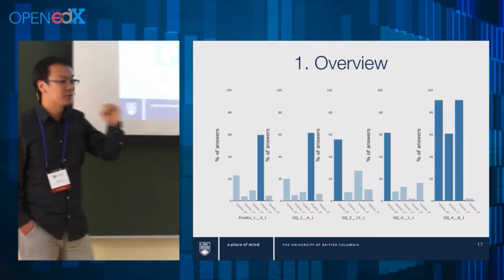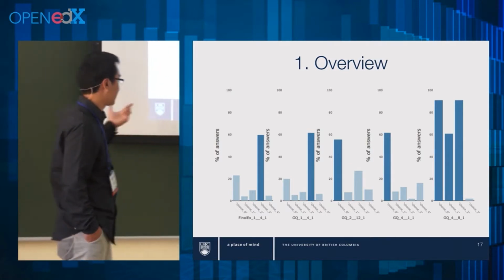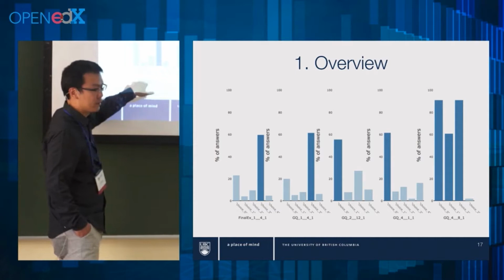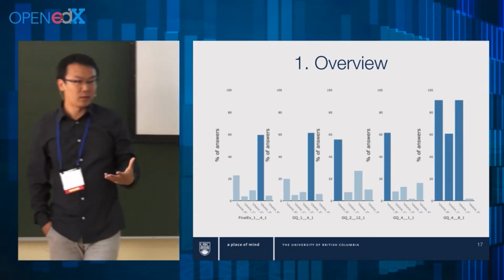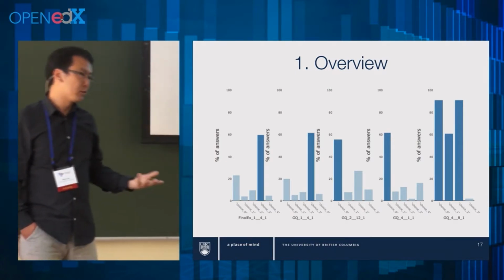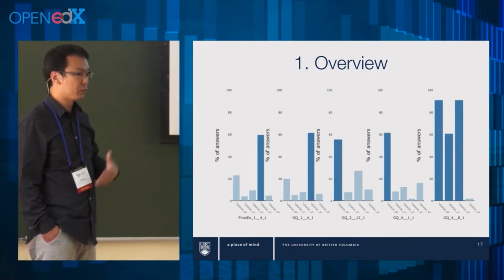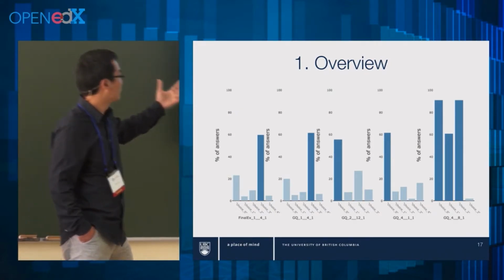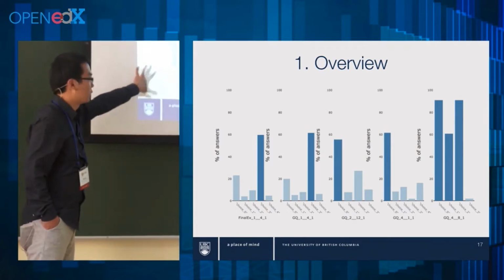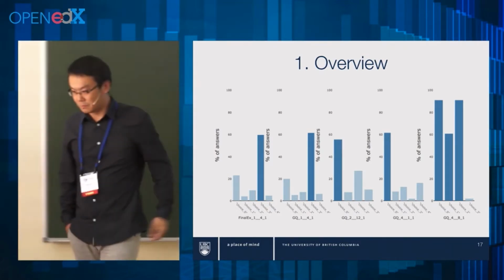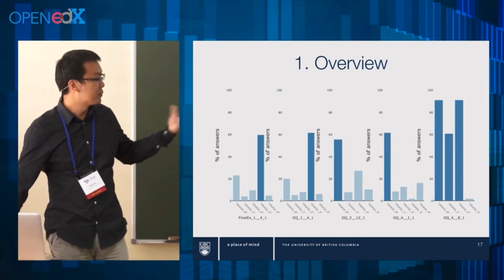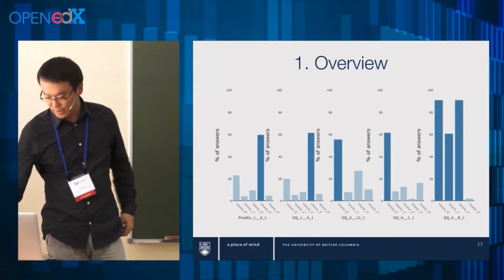You can see the students are struggling with, for example, this one, where a lot of them chose the first option. So you can tell if you need to improve your course content, or put more focus on the content for this question. Then the course team can improve the course by looking at this chart.